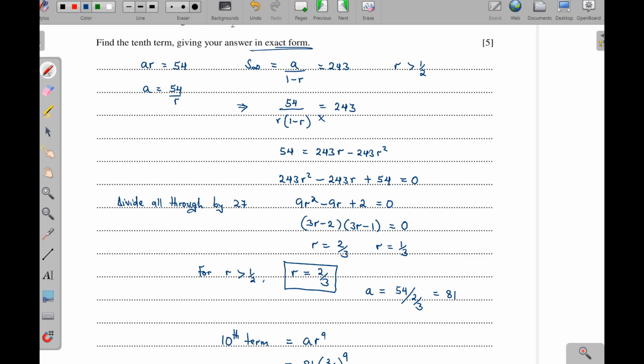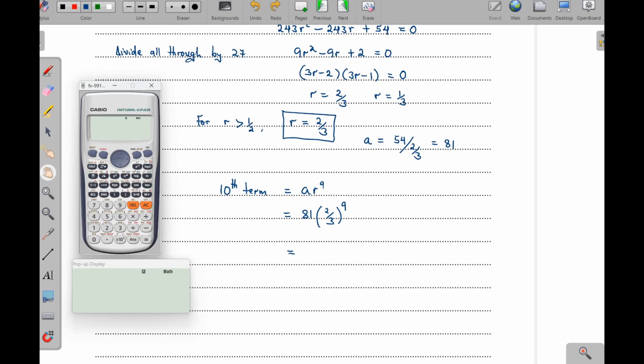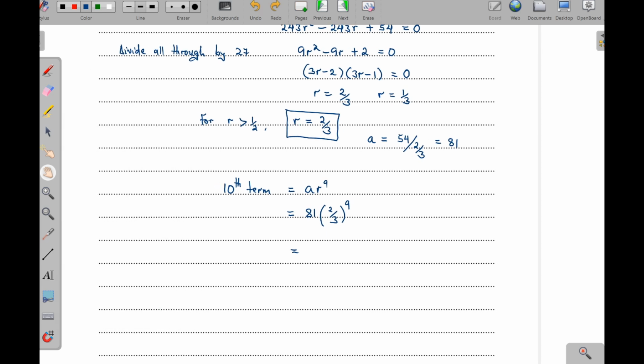Yes, they said give your answer in the exact form, so don't put decimals there, okay? We have 81 times 2 over 3, then power 9. We have 512 over 243. 512 over 243. That is the exact answer. So you leave it there.